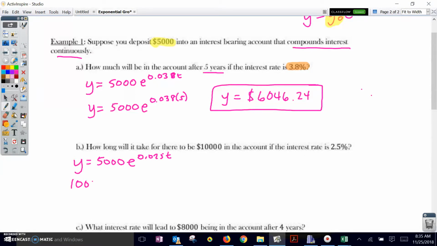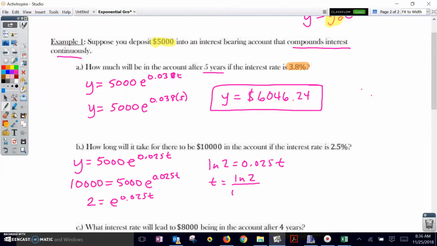So we'll put $10,000 in for the amount, and we need to solve this for t. So I divide both sides by 5,000, take the natural log of both sides, and divide both sides by 0.025.